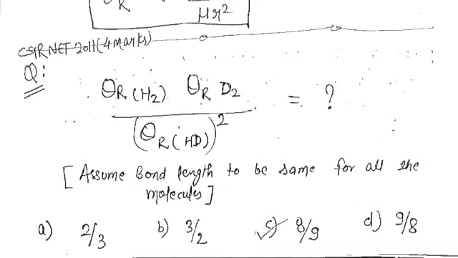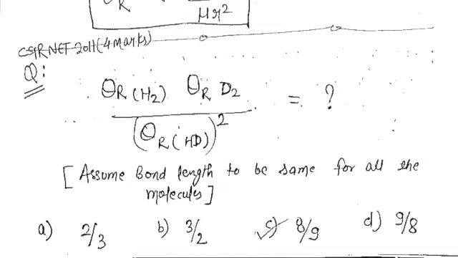And what is given to us? Assuming the bond length to be the same for all the molecules: for H2, for D2, for HD, the bond length is the same. R in the expression, I said, is the bond length or the average distance between the two atoms. So R is the same for H2, D2, as well as the HD molecule.